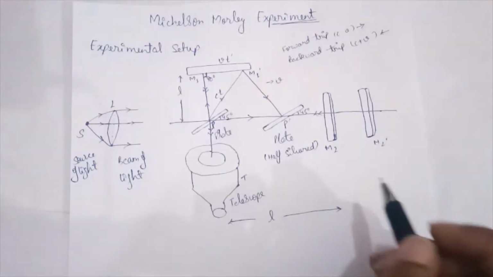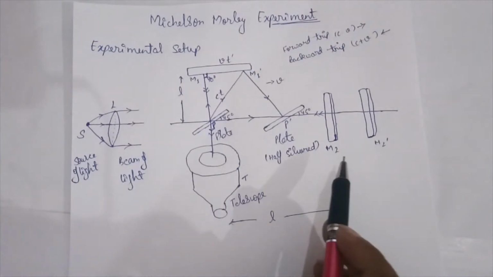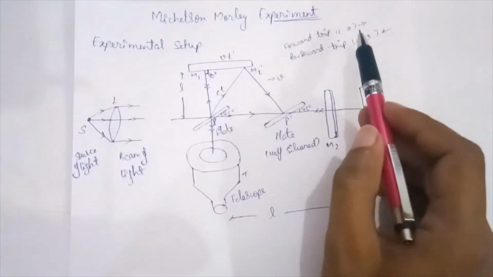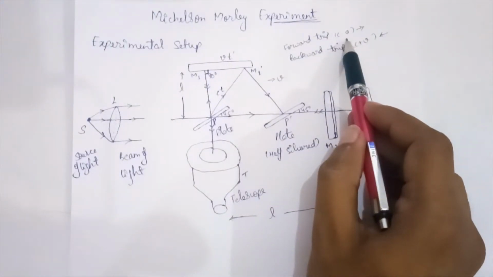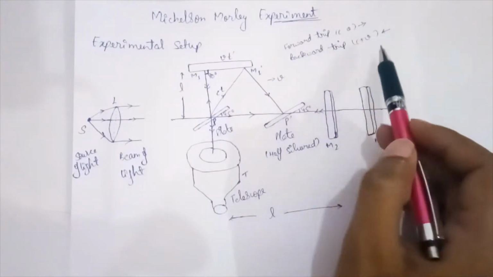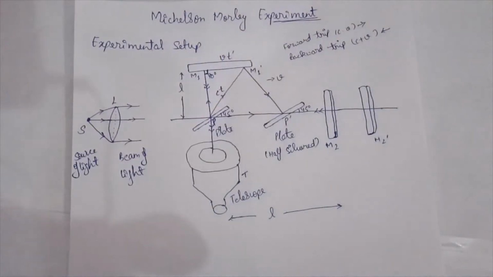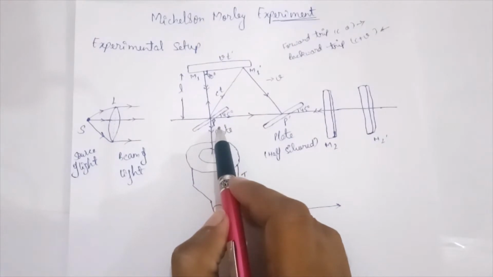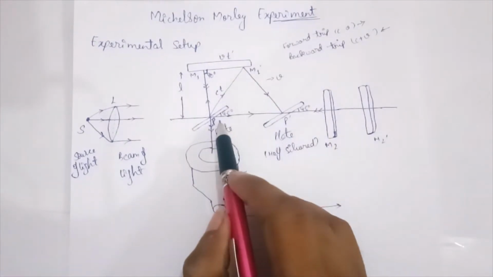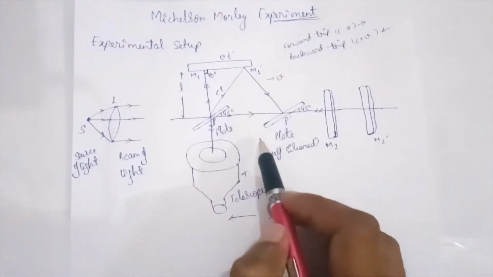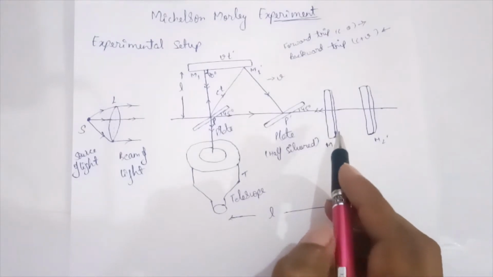So let us consider that the frame of reference moves with velocity c minus v in the forward trip and c plus v in the backward trip. Therefore, the time taken by the wave from P to M2 is given by T1.